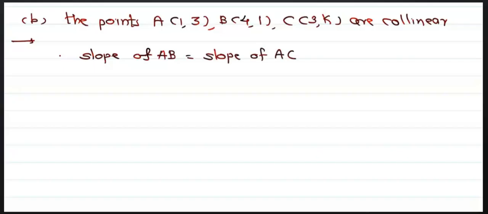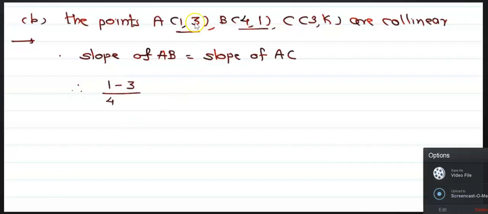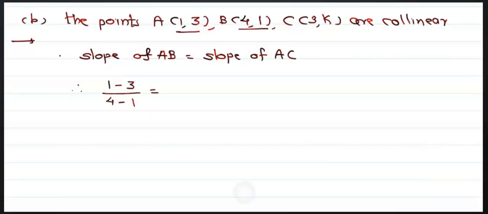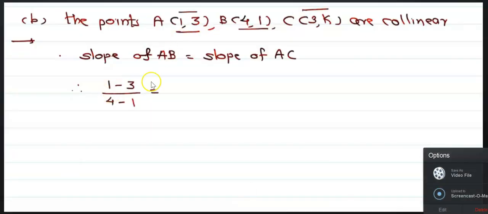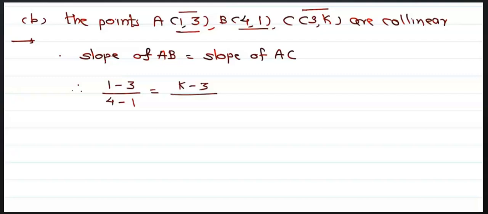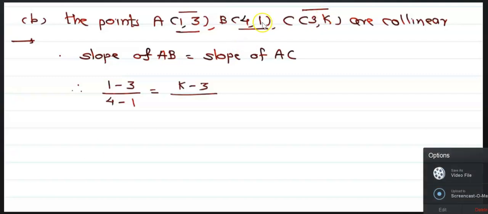Slope of AB is equal to slope of AC. Substitute the values. That is, 3 minus 1 upon 1 minus 3, and k minus 1 upon 4 minus 1... and again here it is k minus 1 upon 3 minus 4.